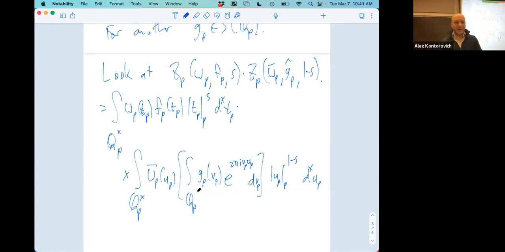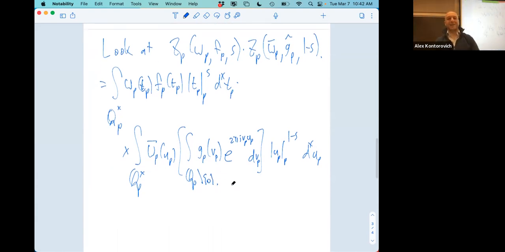And so I can remove the point 0 without affecting the integral, which is Q_p cross. Once I've removed the point 0, v equals 0, I can make a change of variables replacing u_p by u_p times t_p.